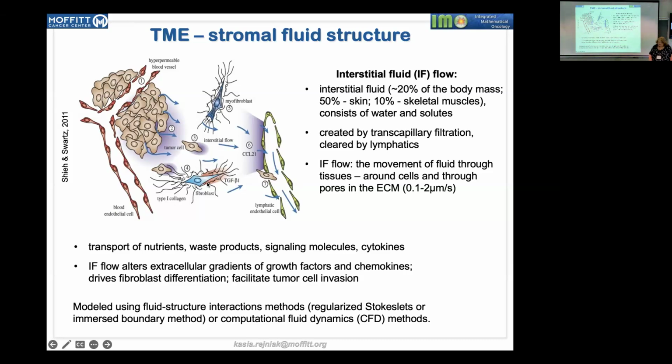They also found that tumor cells can secrete certain factors, and when those factors are moving with the fluid towards the lymphatic vessel, the cells are following this gradient and enter the lymphatic system more easily and then metastasize. And of course, as I said, the fluid is needed for the transport of nutrients, waste products, cytokines, and so on. So there are different techniques to use in fluid dynamics. What I will be showing you is the regularized Stokeslets method.